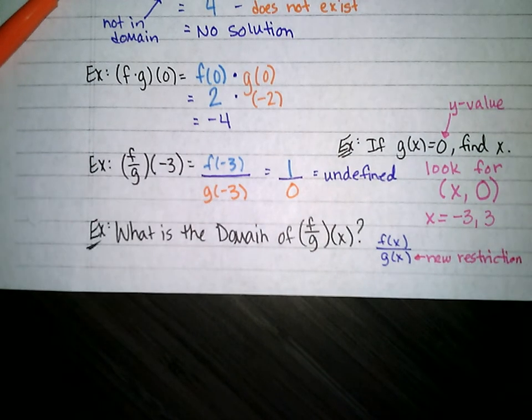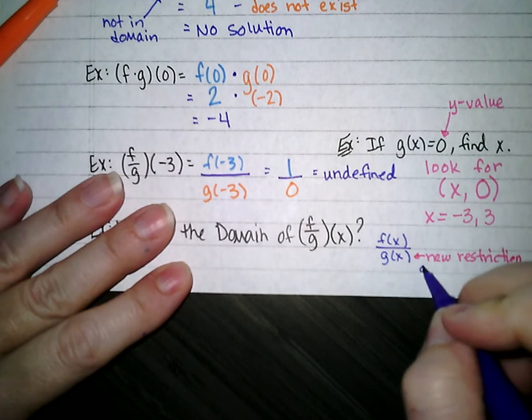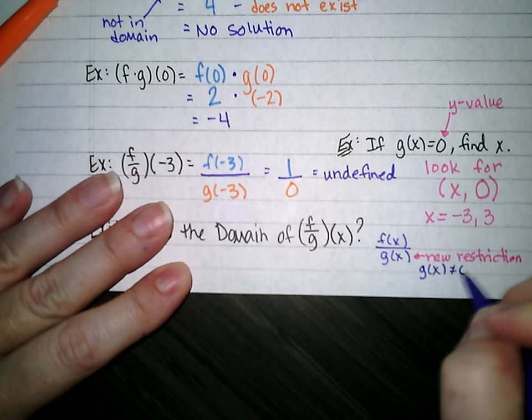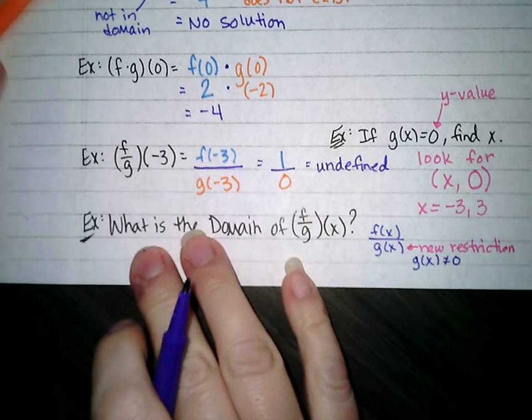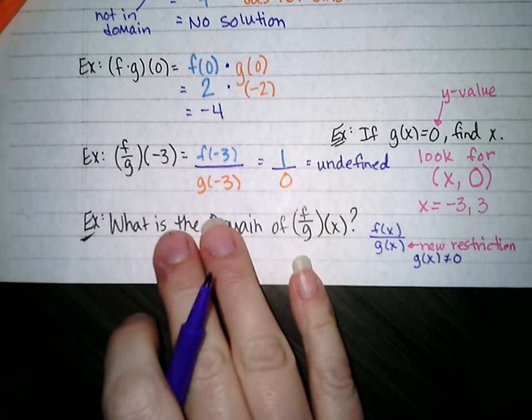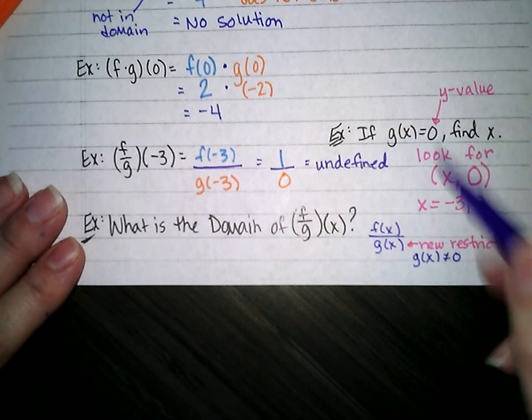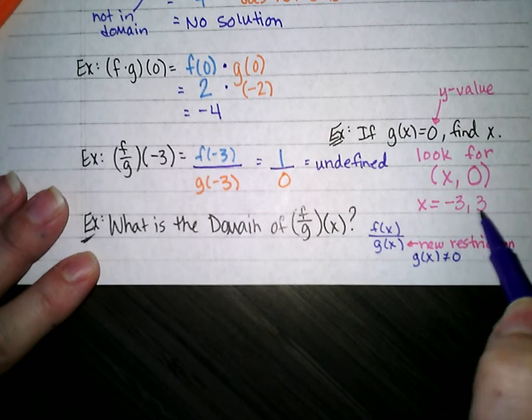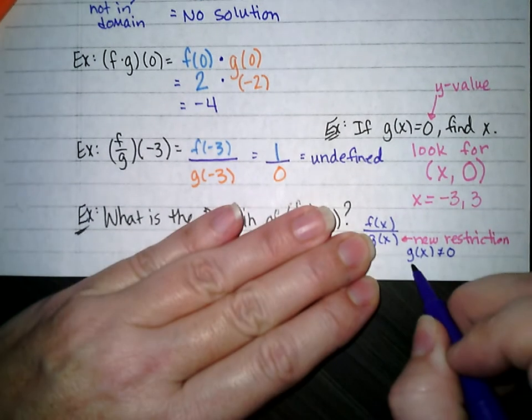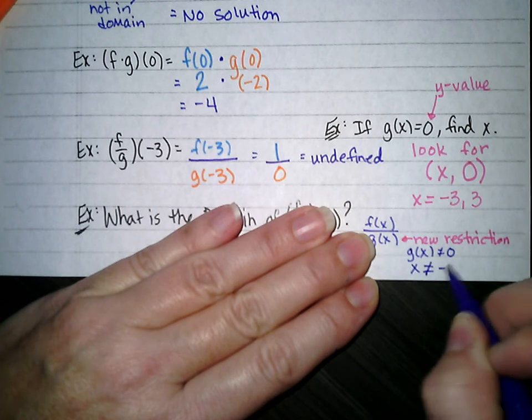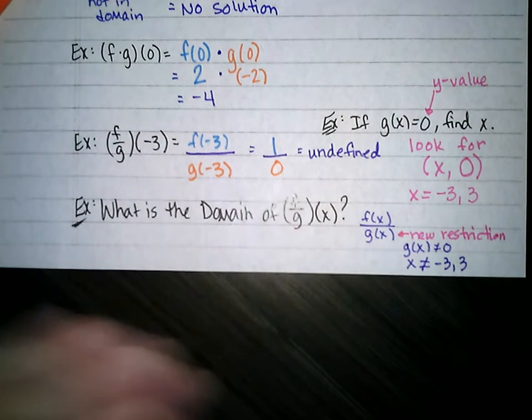So we now have to include g of x cannot equal 0. And our g of x function, we don't know the function, but we know where g of x equals 0. We just did that. G of x equals 0 when x equals negative 3 and 3. So we have to say that x cannot equal negative 3 and 3.